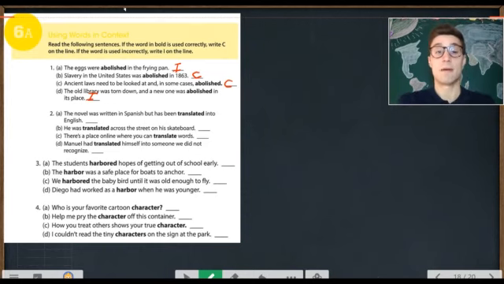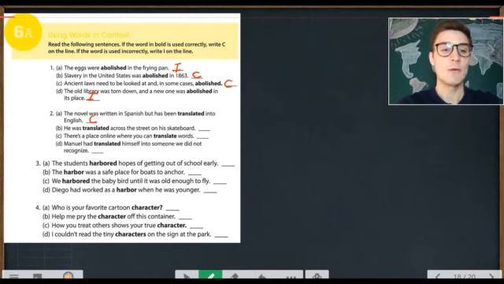Next up, number 2. The novel was written in Spanish, but has been translated into English. Is translated used correctly or incorrectly? Correct.